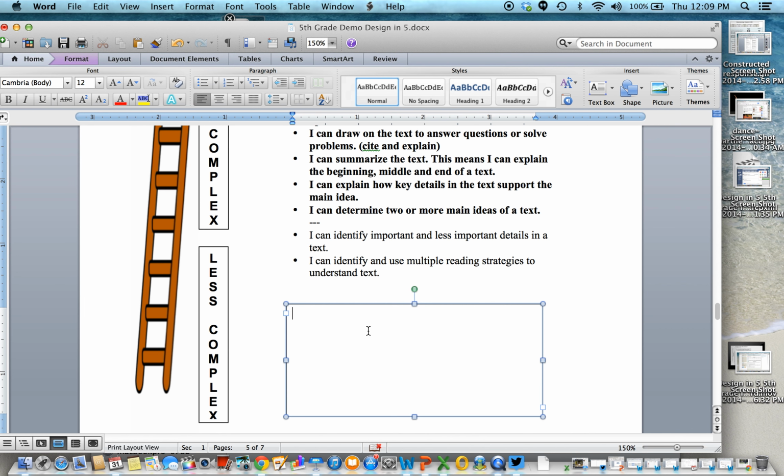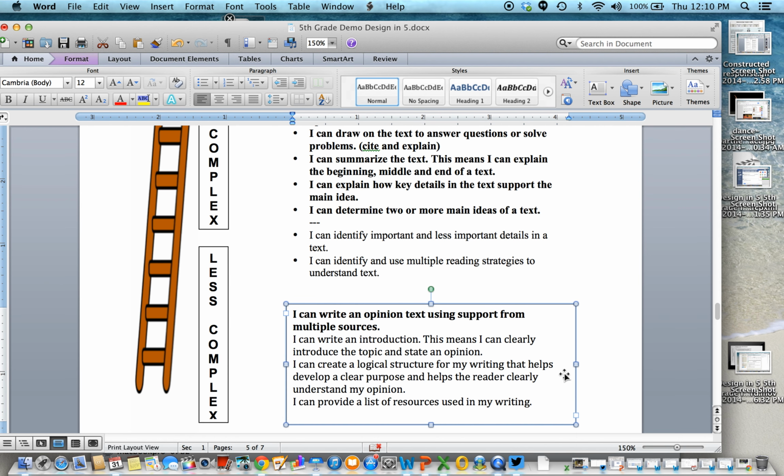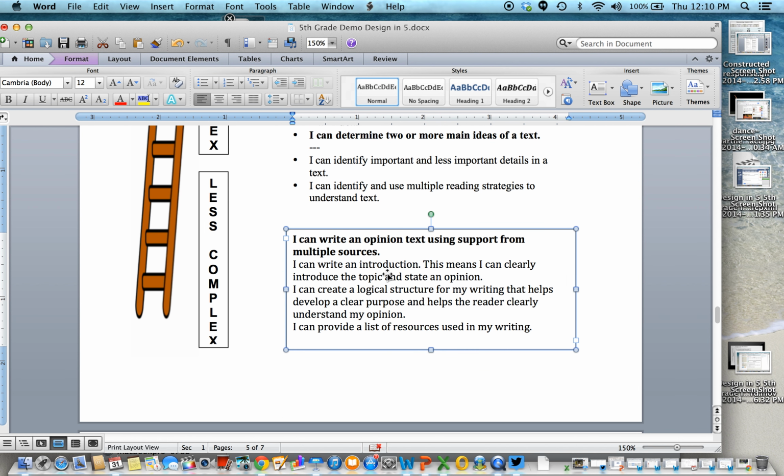Okay, so here we are. So I can write an opinion text. We actually have that on the other one, and that's the interesting thing about the most complex targets or learning goals, excuse me. They're going to be seen on multiple ladders because that level of thinking reoccurs. So now, if I look at this, we really have a list of criteria.